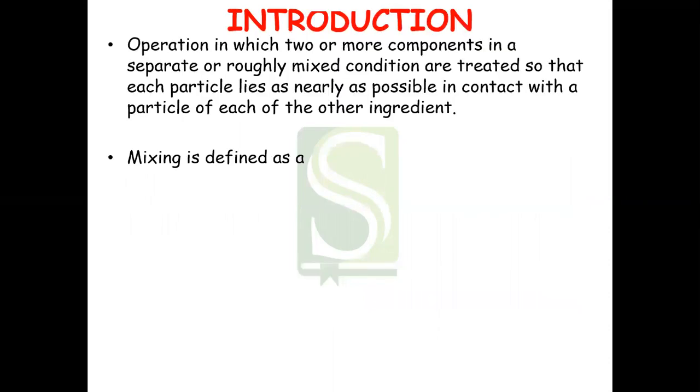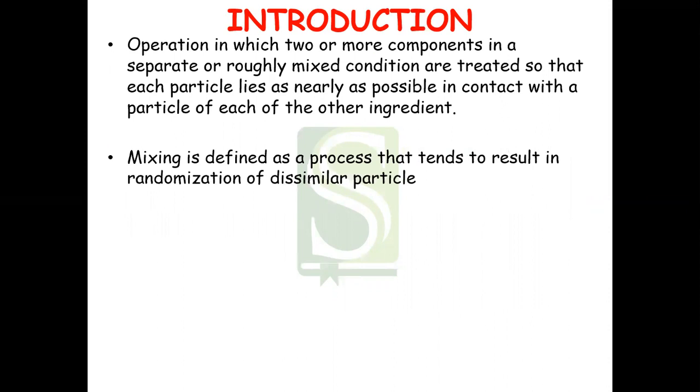So mixing is an operation in which two or more components in a separate or roughly mixed condition are treated so that each particle lies as nearly as possible in contact with another particle or with the particle of each of the other ingredient. So mixing is defined as a process that tends to result in a randomization of dissimilar particles within a system.